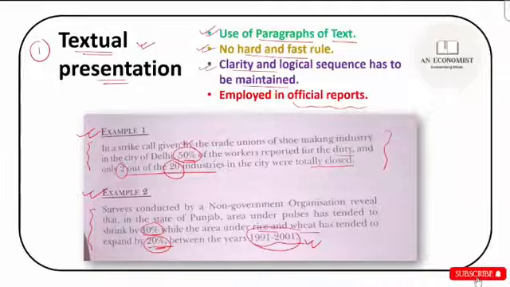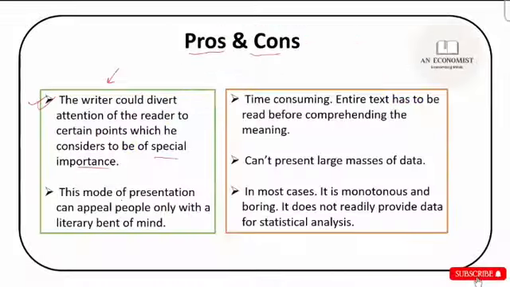So the writer has the freedom to divert the attention of the reader to certain points which he considers to be of special importance. So this is one of the pros of this method. You are letting the reader know only those things which you want them to know, right? So this is the freedom that the writer enjoys here.